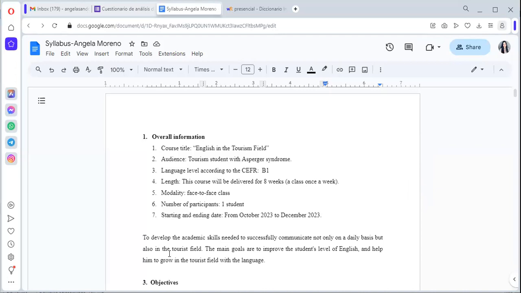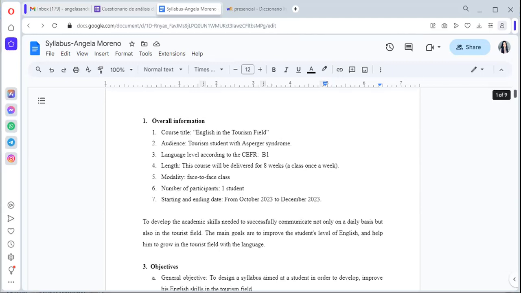And well, the overall information of this syllabus is that the title is English in the tourism field. The audience is a student with Asperger's syndrome. The language level, according to the E1 level.